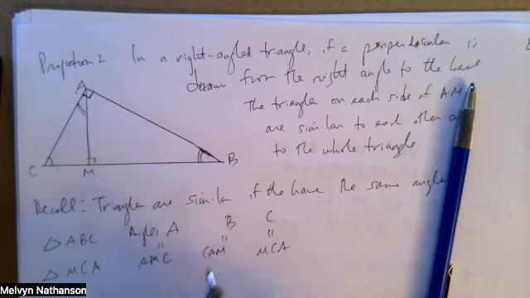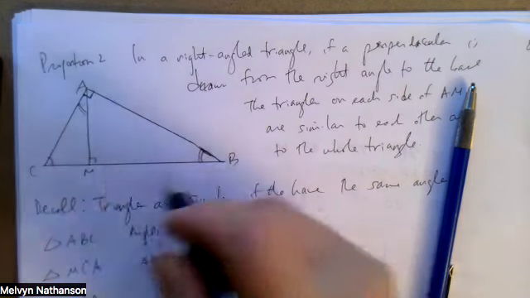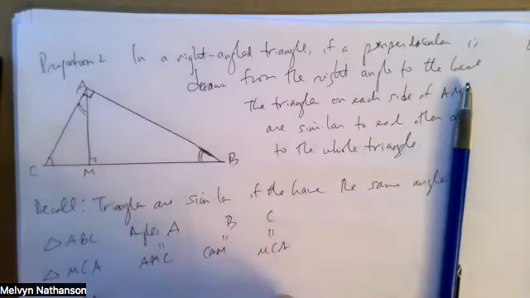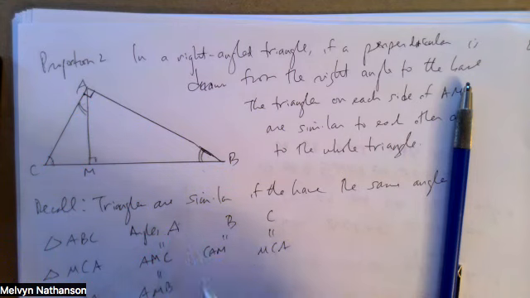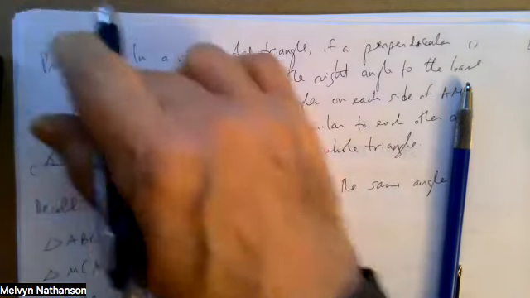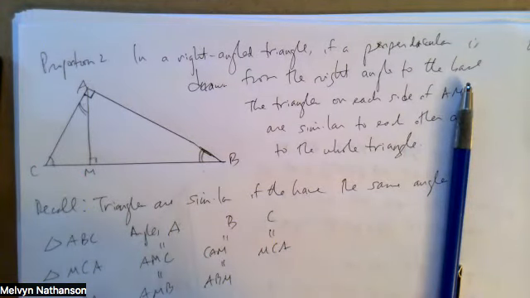What about this larger triangle on the right? That's triangle MBA. So in that triangle, angle AMB is again a right angle, so it's the same as angle A. Angle ABM, that's this angle, that's just angle B, that's the same.